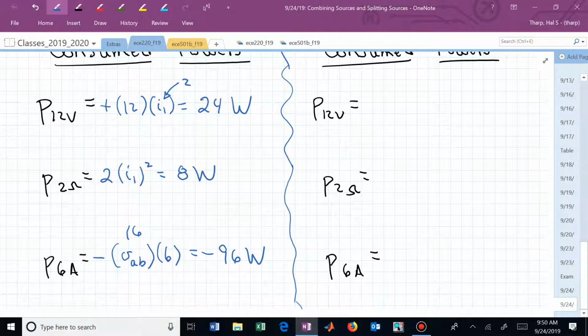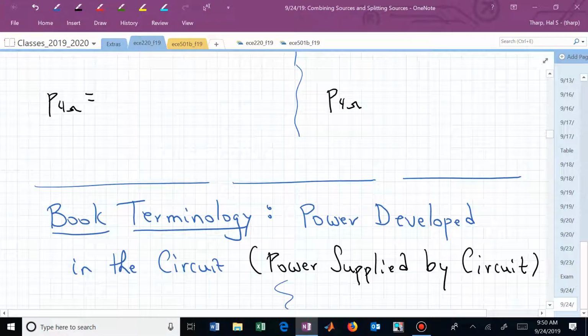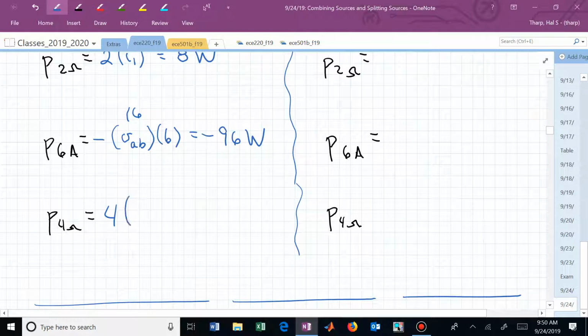What about the 4 ohm resistor? That's Ri squared. We have the I through that. That's 4. This is now 4 times I sub 2 squared. So that's 4 times 16, or 64 watts.